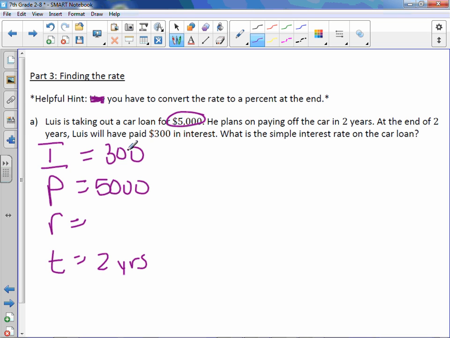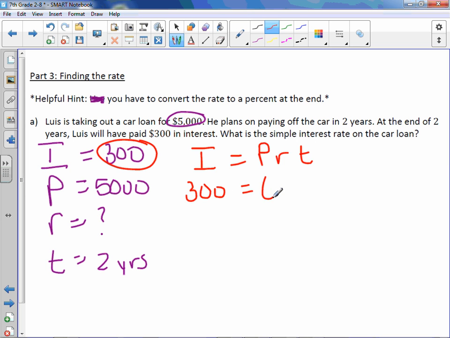What is the simple interest rate on the car loan? So this time we're solving for R. I equals PRT. This time we have I, it's 300. The principal is 5,000. We don't know the rate, I'll leave it as R, and the time is 2 years.